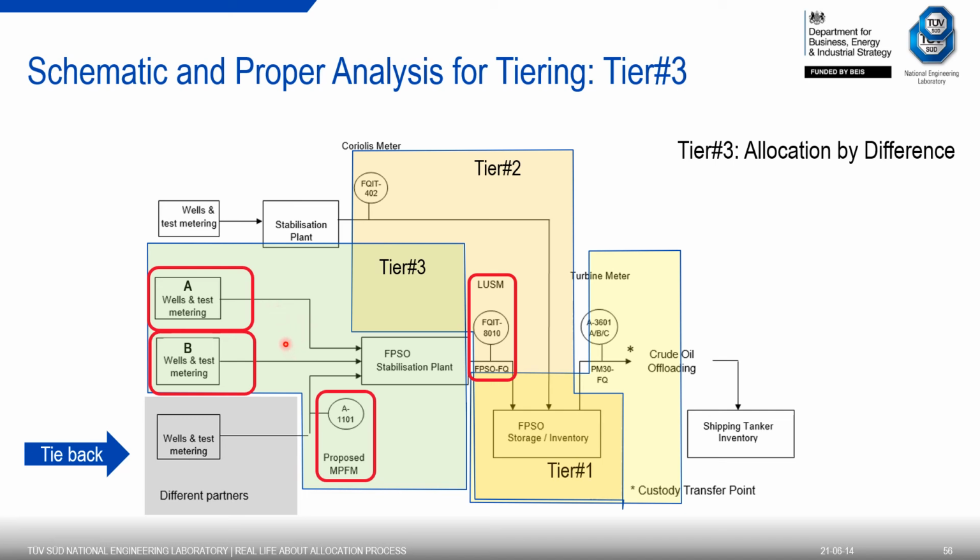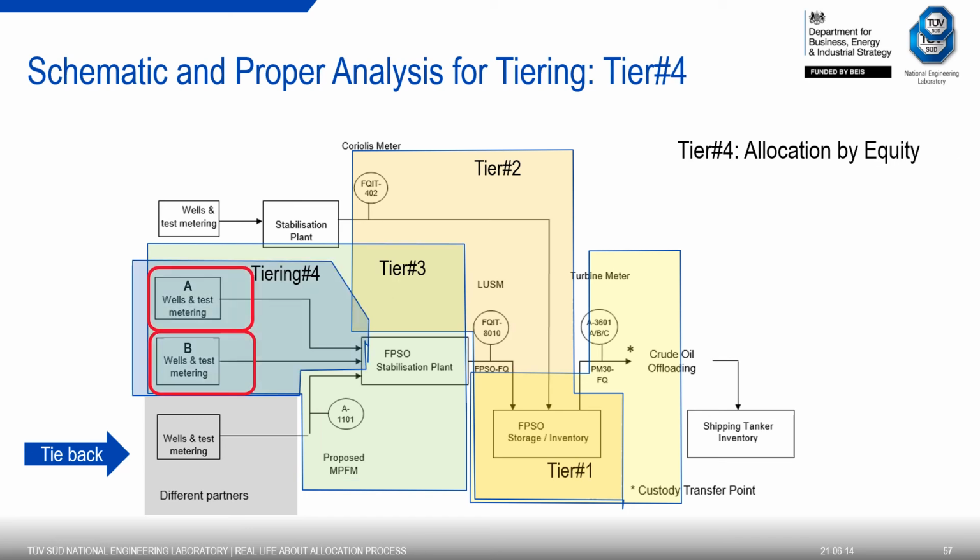So definitely you will use, in this case, in this tier 3, the allocation by difference. You will have a measurement coming from the multi-phase flow meter, you will have a measurement on the output from the liquid ultrasonic flow meters, and then you will do the difference to calculate what has been produced by A and B. Now, A and B, because there is no monitoring here, you will split the production based on an equity system or allocation here in this case.